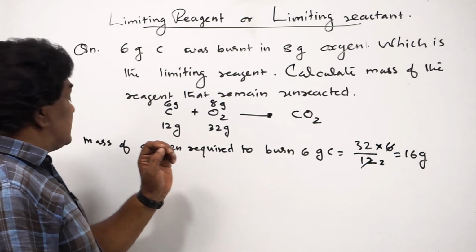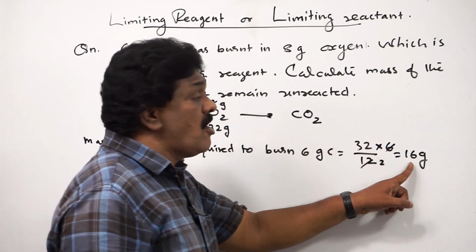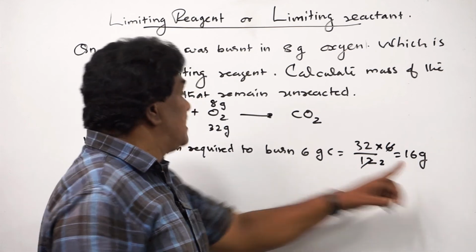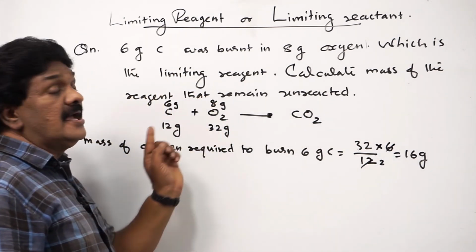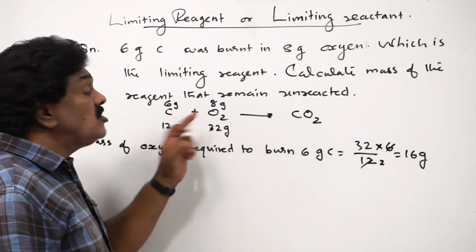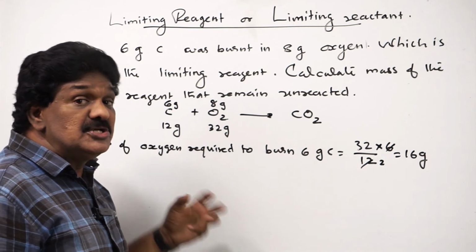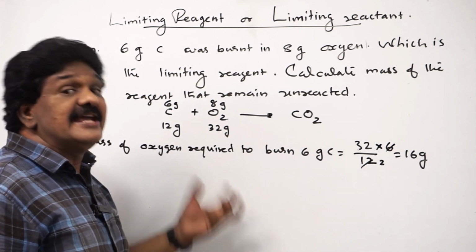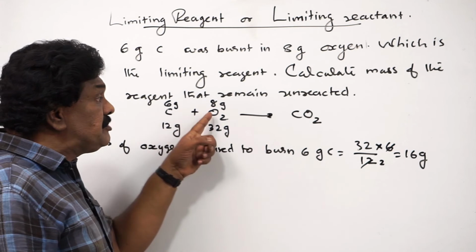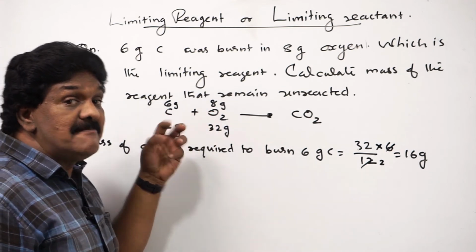Therefore, 6 gram carbon needs 16 gram oxygen. But here there is only 8 grams. Therefore, oxygen is the limiting reagent. It is deficient, so it is the limiting reagent. Due to its deficiency, 6 gram carbon will not burn completely.